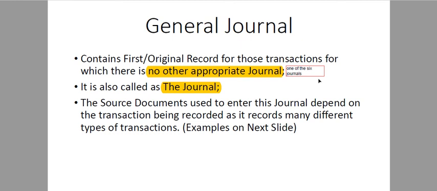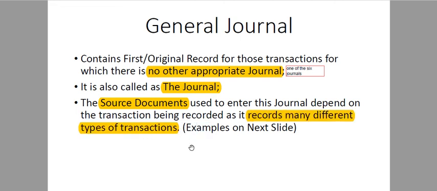And then you know, all journals have the source of information. The records in the books of original entries, they come from source documents, and same here, you would need a source document to make a journal entry, and those source documents, they will vary, since this is a catch all kind of journal, so it doesn't just record one type of transactions, it records more than one type of transaction.